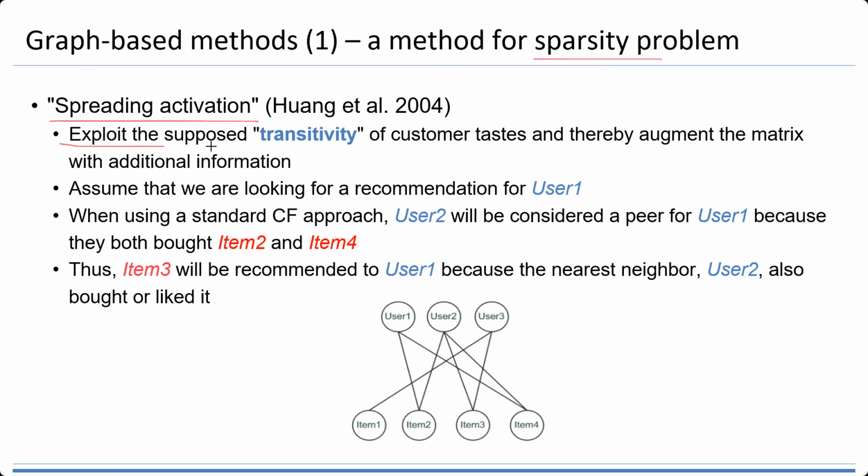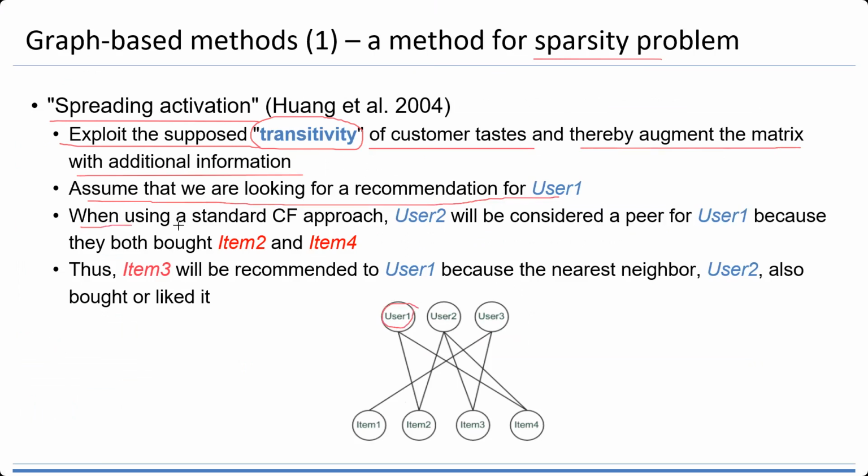The method exploits the supposed transitivity. As I mentioned before, it is the transitivity of the customer taste, and thereby augments the matrix with additional information. Assume that we are looking for a recommendation for user 1.